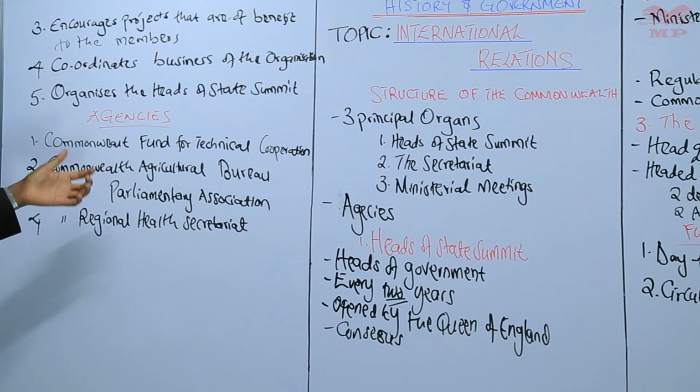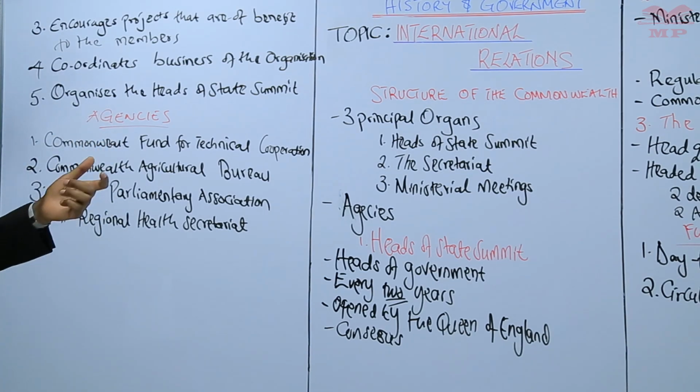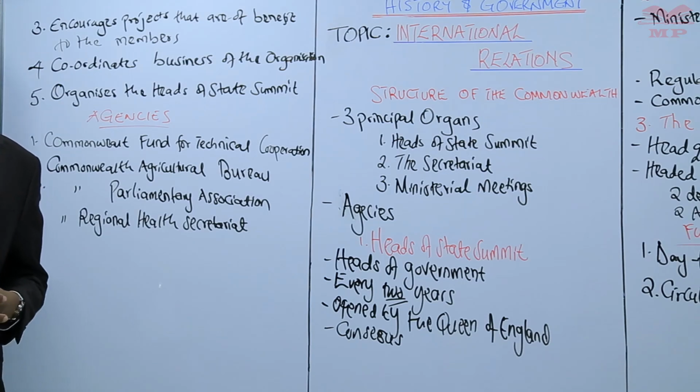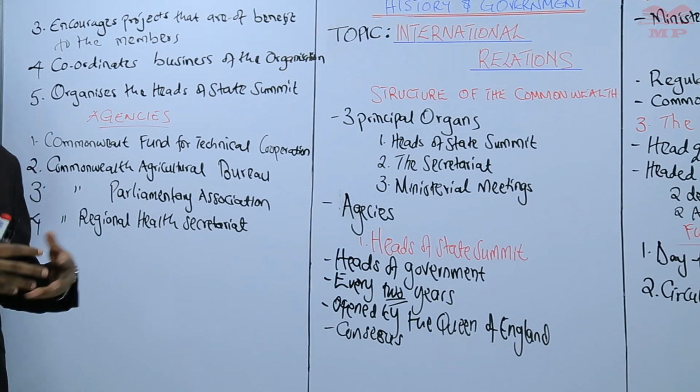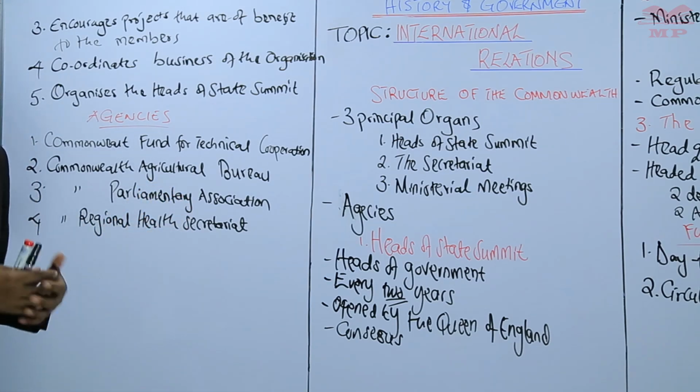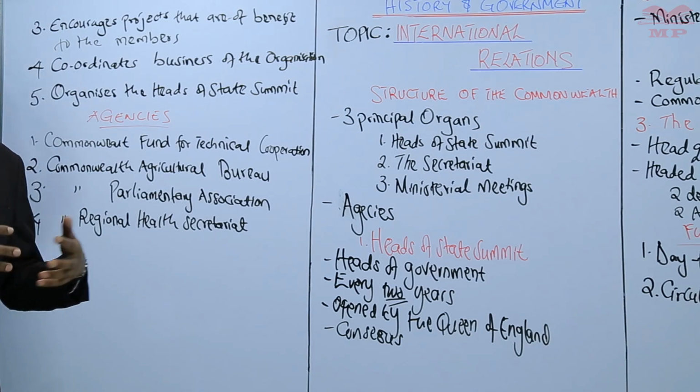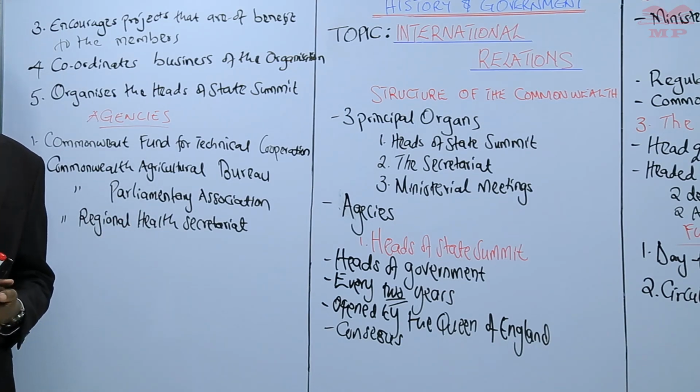So these are the agencies that work together with the organs of the Commonwealth to make sure that the countries of the Commonwealth interact peacefully, and they are continuing to develop.